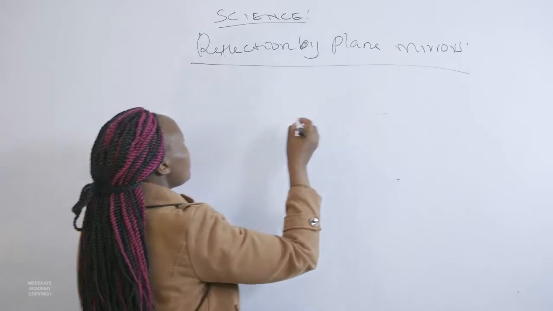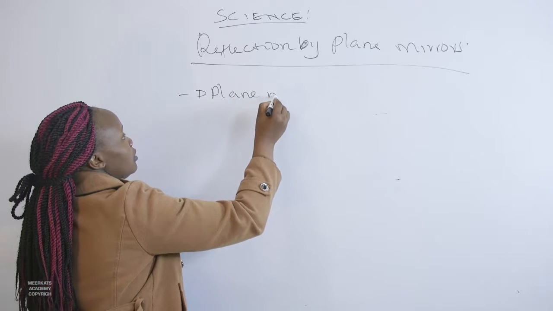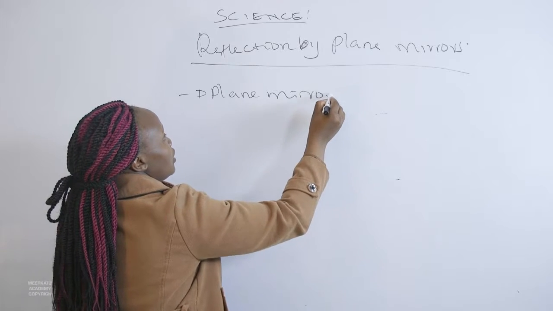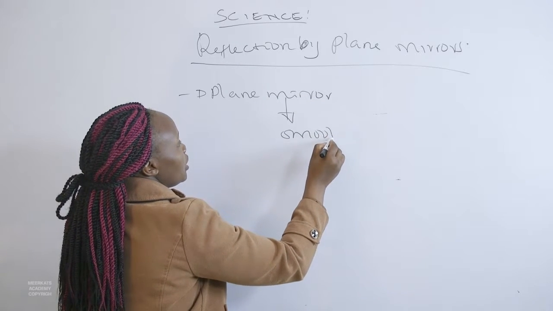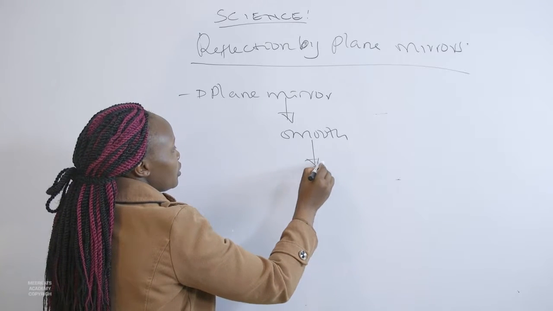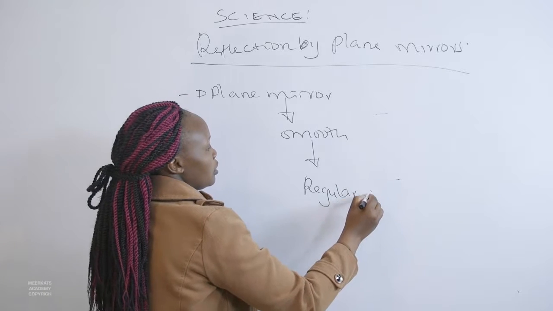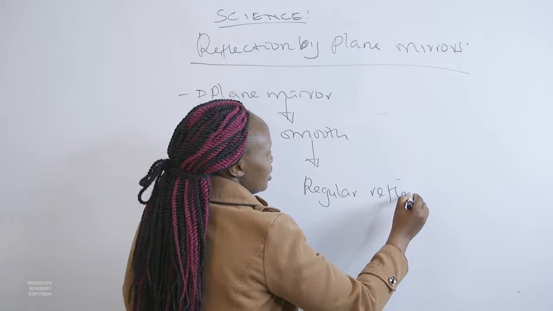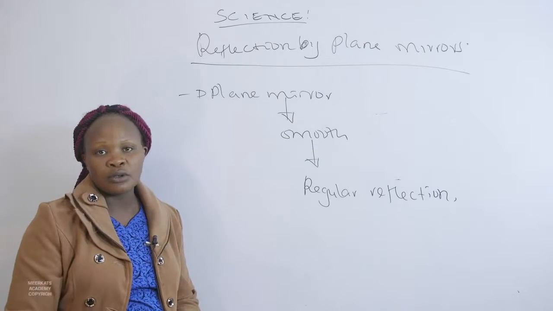Therefore, we expect that because a plane mirror in itself is smooth, we will have regular reflection. Regular reflection of light.